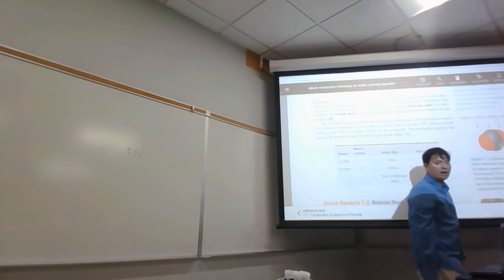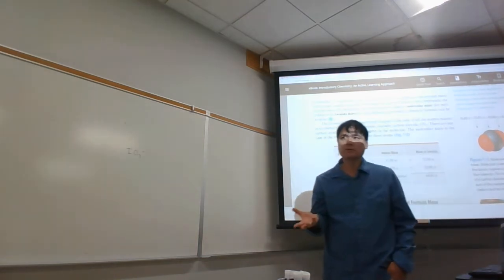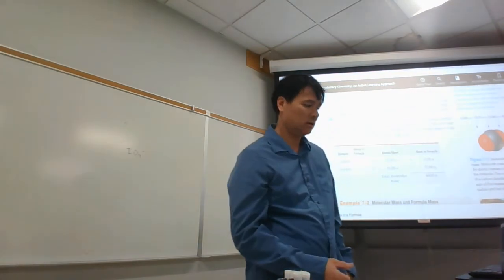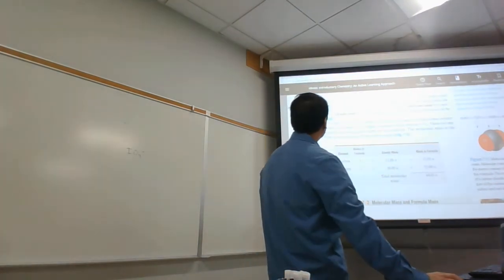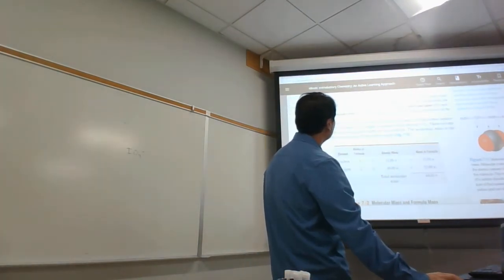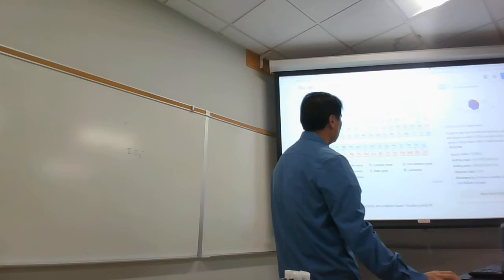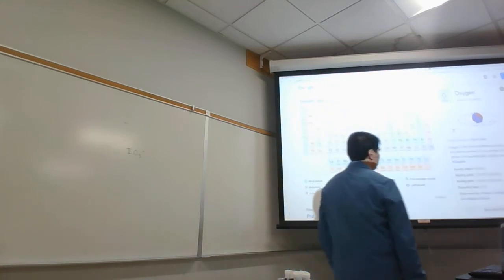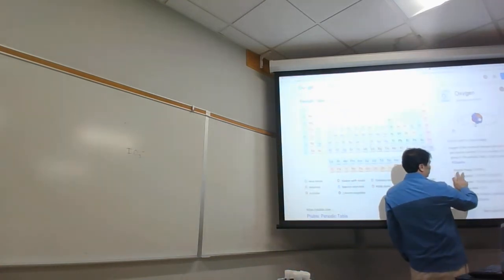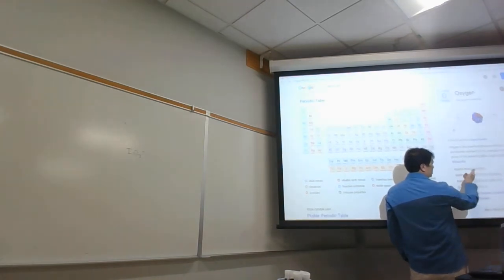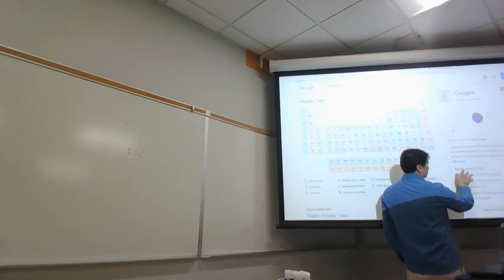And so where do I get the average atomic masses of all the isotopes? I get it off the periodic table. So let's take a look at the periodic table. Well, this would be the average. This is called the atomic mass, but that's the average of all 3 isotopes. You see it's very close to 16, therefore oxygen 16 is the most abundant.